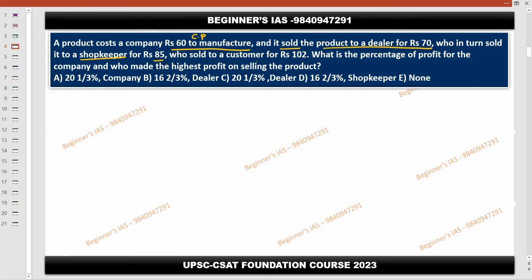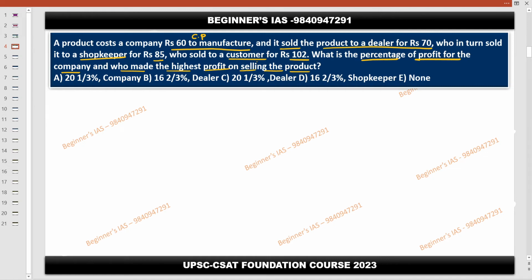Then the shopkeeper sold to the customer for this much. Then they are asking you to find the percentage of profit for the company and who made the highest profit on selling that product.